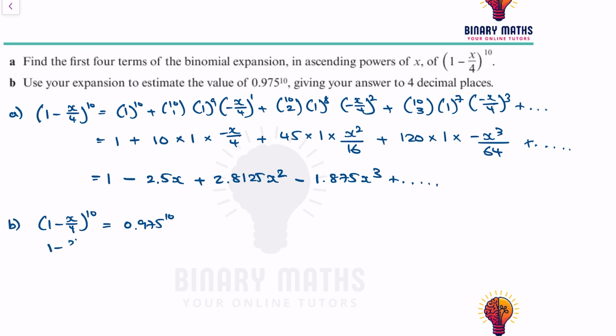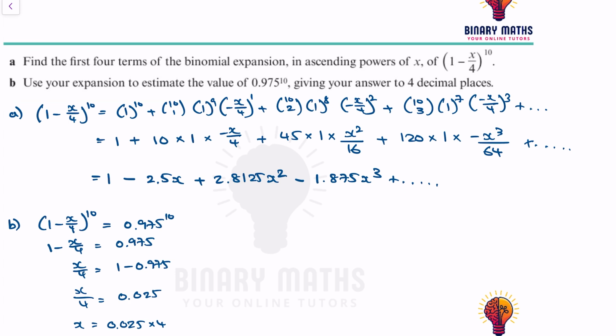So 1 minus x over 4 is equal to 0.975, because we can get rid of the to the power of 10 in both. So that means x over 4 will be equal to 1 minus 0.975, which means x over 4 is equal to 0.025. If I multiply both sides by 4, I get x must be equal to 0.025 times 4, which means x is equal to 0.1.